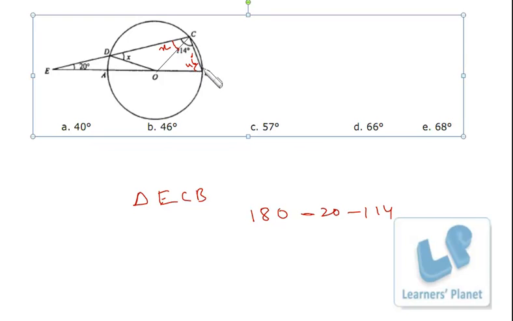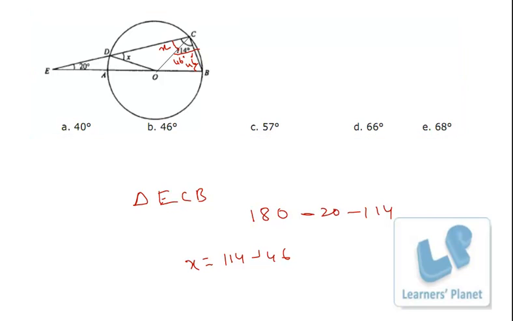If it is 46 degrees, OB is equal to OC, so this is 46 degrees, that means this portion should also be 46 degrees. And this complete is 114. So if this is 46, the remaining portion will be 114 minus 46, and that is actually X. So that is 68. Okay.